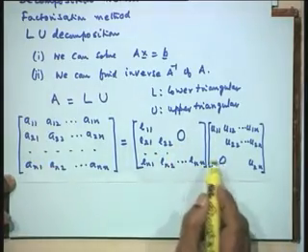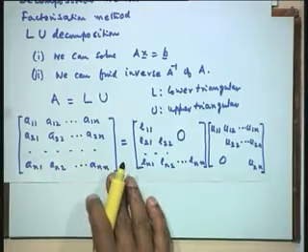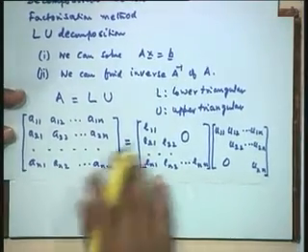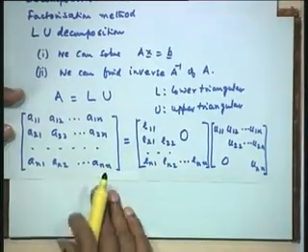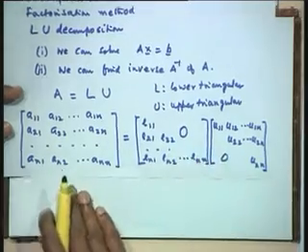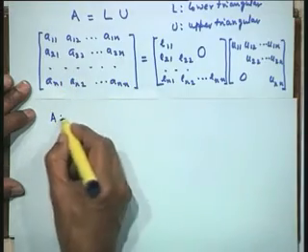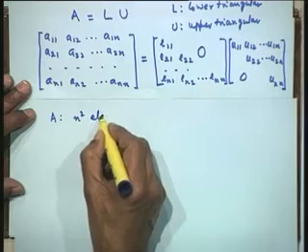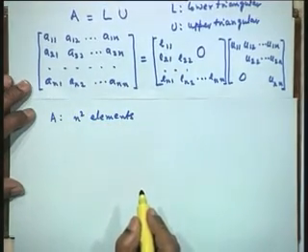Before we multiply and compare, let us look at the number of unknowns, so that some simplification can be made, so that the computation of Lij's and Uij's is simplified. If you take A, it has got n square elements.